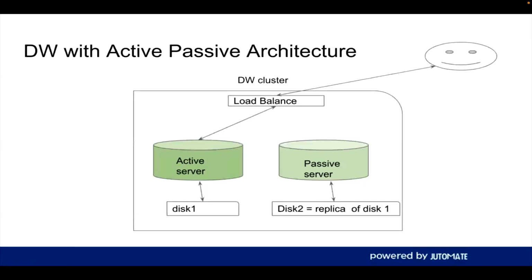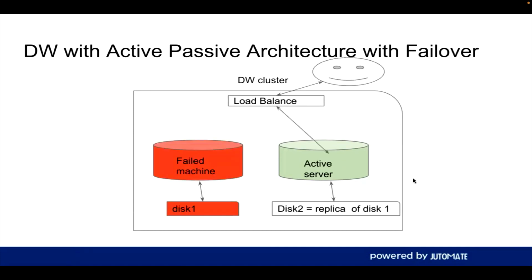The architecture is active passive, meaning you have a kind of a load balancer, which is the leader node, which has an active server and a passive server with a read replica, so you're always on.